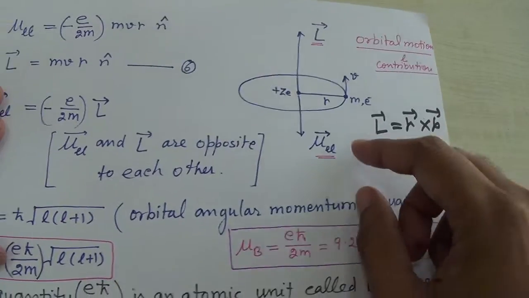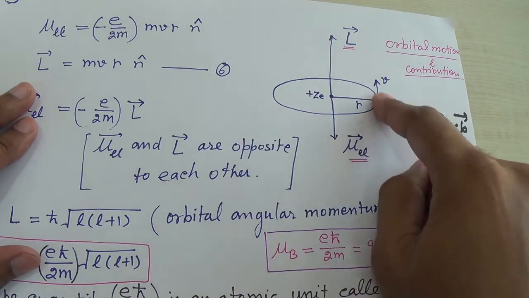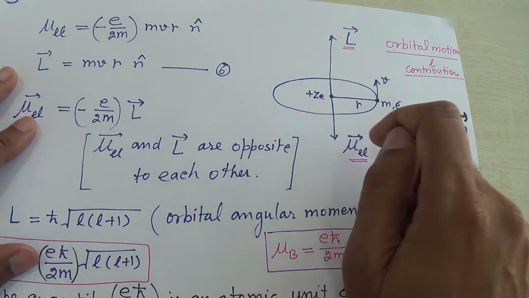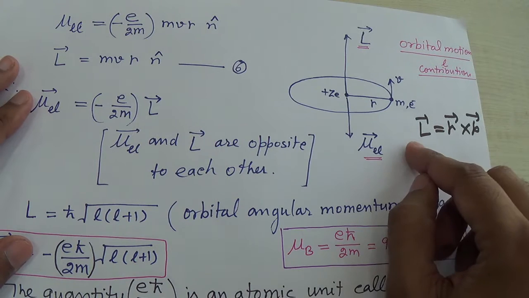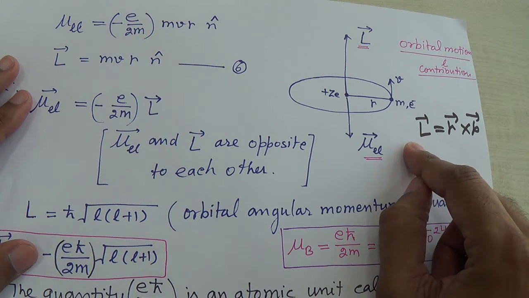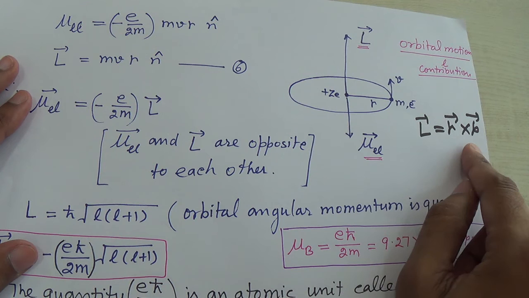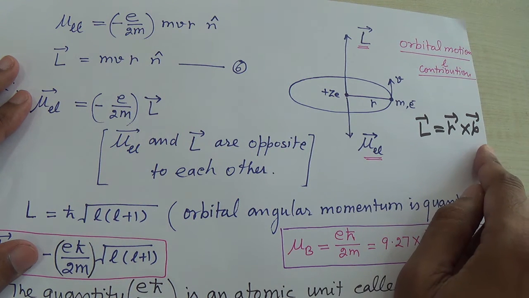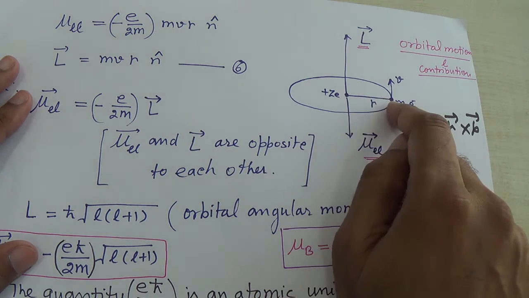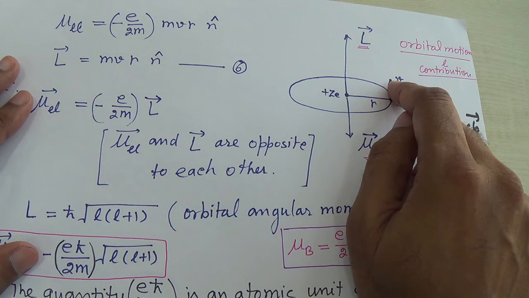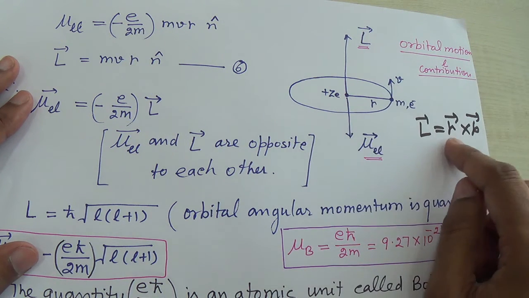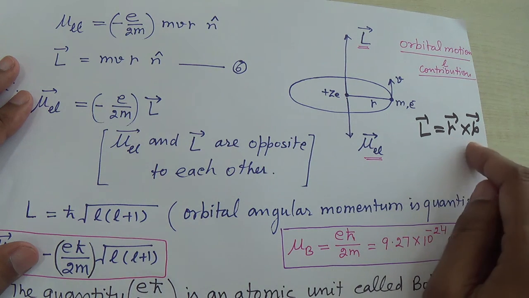We know that the electron is revolving in this particular orbit around the nucleus, so it will have an orbital angular momentum. Orbital angular momentum is defined as vector L equal to r cross p, where p is equal to mv. Here r is perpendicular to v every time, so r cross p will be rp sin theta. Theta is 90 degrees, so it will be rp.